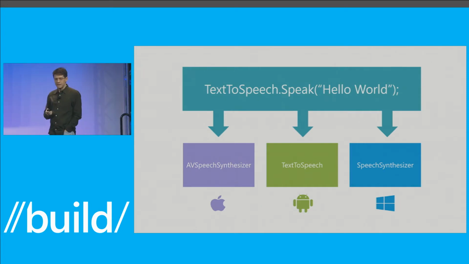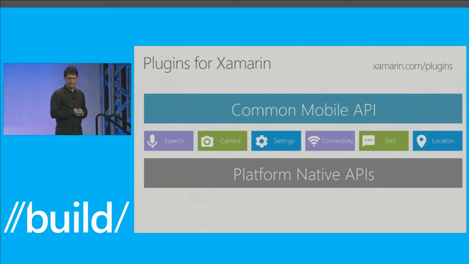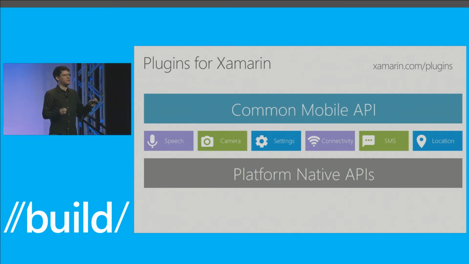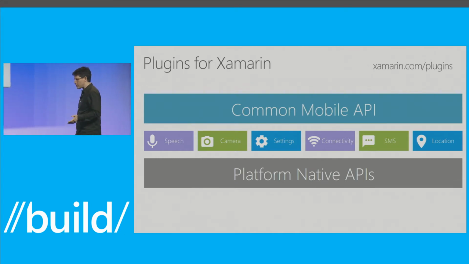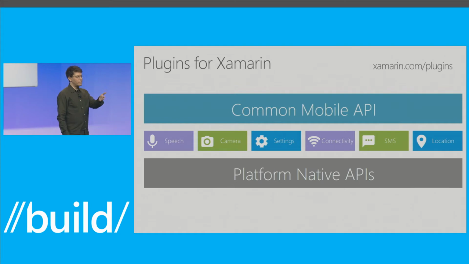So in scenarios like this, where you have very simple functionality, where you don't really need to tweak every possible feature of the platform, we've created this thing called plugins. And we have about 50 plugins, I believe, and these are for very simple features. They're not supposed to be big frameworks. They're just for things that are very common, and you don't need a lot of customization around. If you want more customization, then you drop to the native APIs.